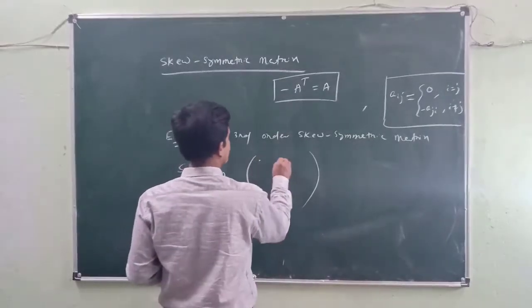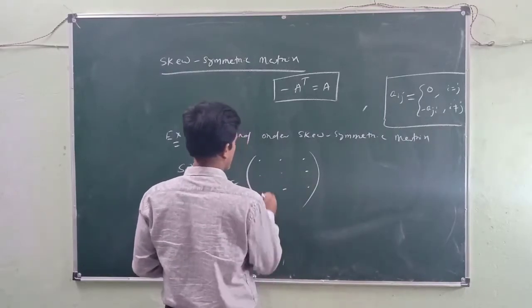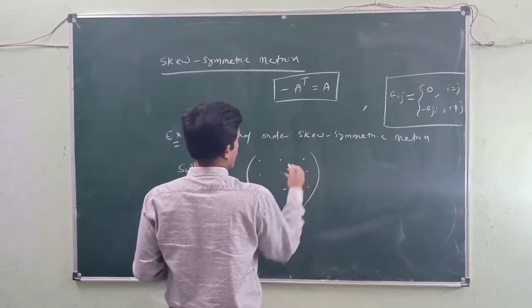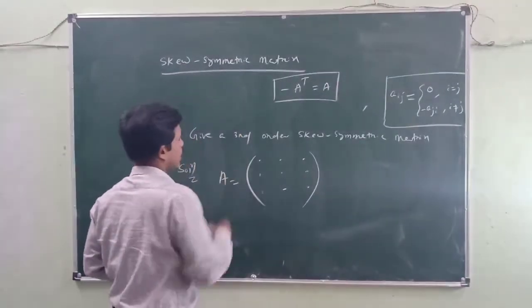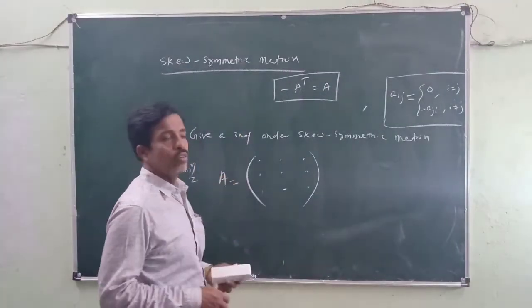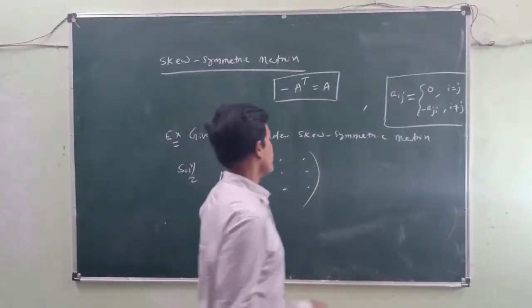It has 9 elements. Now, how you put the positions, then the matrix A will be a skew symmetric matrix.